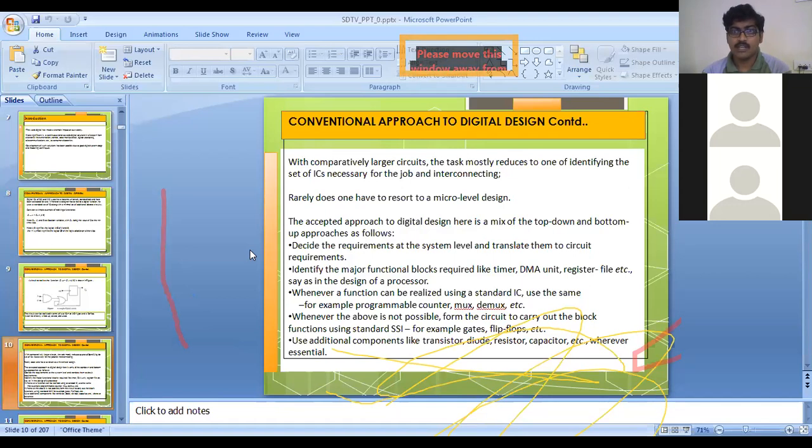That thing we have learned in VLSI, the required circuits. We will be designing them in VLSI.